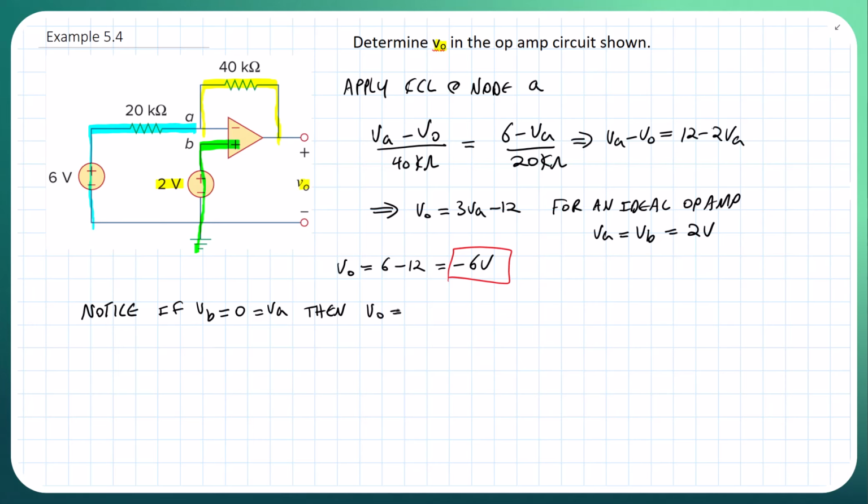V naught equals minus 12, and this is as expected from the inverting equation. Okay, so just a side thing here, and that's how you solve for V naught for this problem.